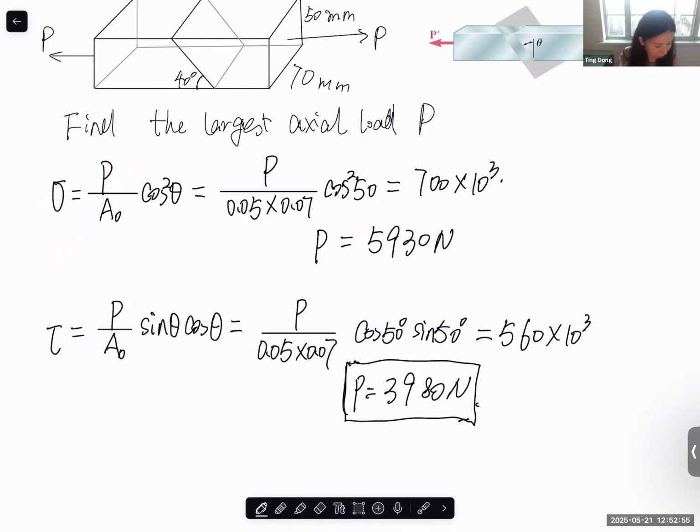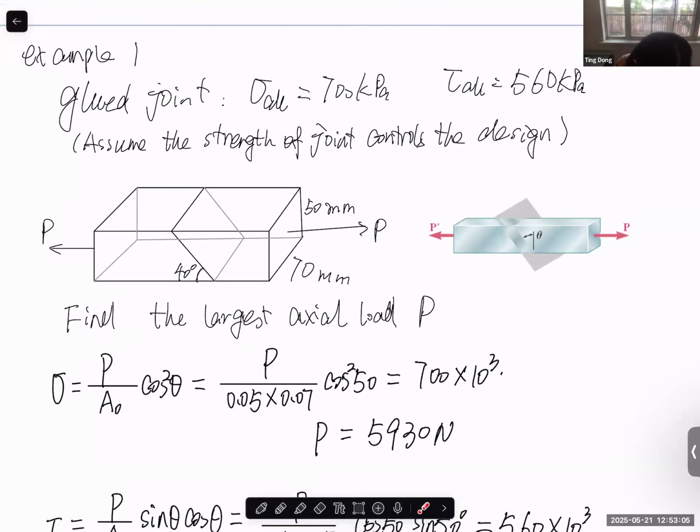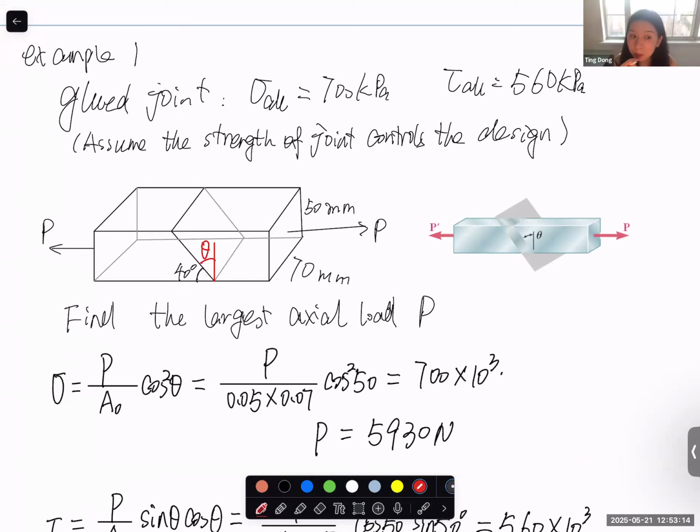Any other question? Can you explain one more time why it's 50 degrees? So our definition of theta is, let's use a different color, this is the theta, right?